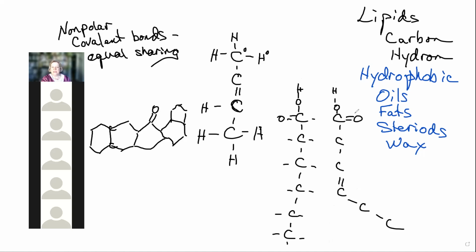This is an acid group, where I have a carbon double bonded to an oxygen over here, and then I have an OH group. So it's like I took water and I took one of these hydrogens off and slapped it onto this carbon. We call this a hydroxyl group, but when it's together like this, it's an acid group.